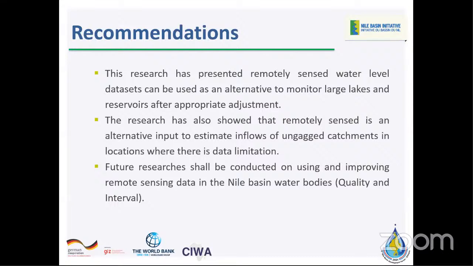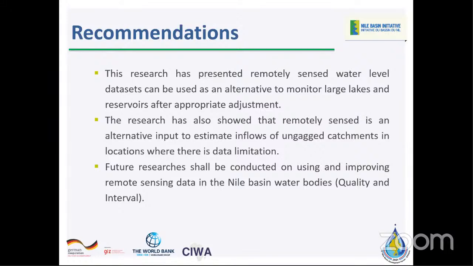But we have also these limitations. We used one type of remotely sensed data, that is altimeter data, and we used it in a decadal time step, so the result is not on a daily basis. Also, the quality can be improved further by employing other types of bias correction methods.